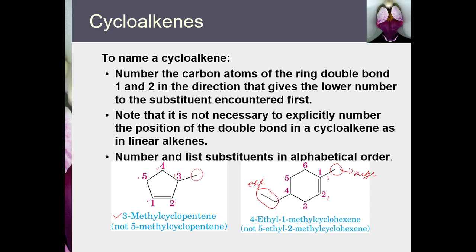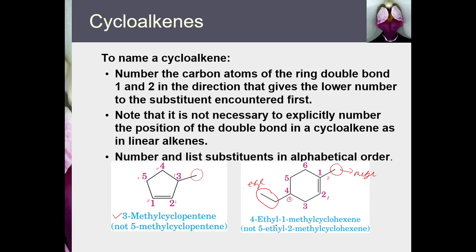Then, 3, 4, 5. So, if you use the wrong direction, the ethyl group is at carbon position number 5. So, dapat, di ba sabi ko nga sa inyo, alphabetical sila. So, dapat mauna si ethyl and si methyl. Ethyl first, then methyl.